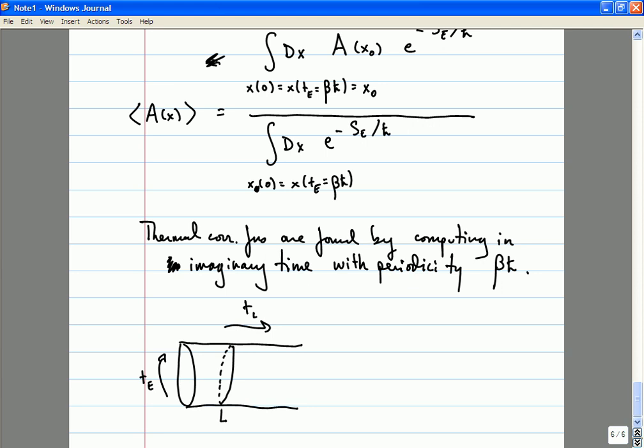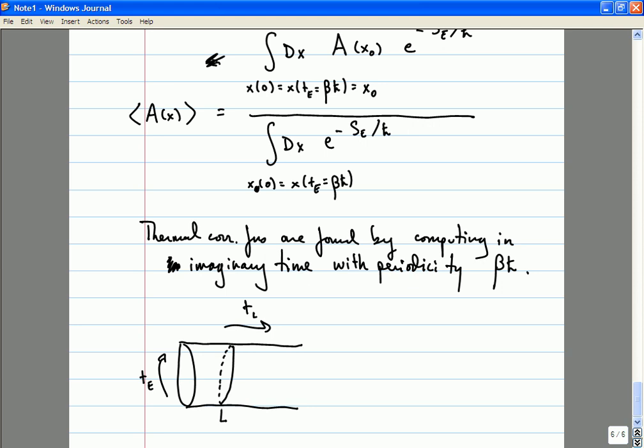This might seem like a bunch of formal nonsense, but in fact, this is really the way that we, in practice, do computations for finite temperature systems. Because in practice, if you have some very complicated system, determining the Hamiltonian and exponentiating it to get e to the minus beta H is a very difficult thing to do. But what we have seen here is that we can calculate in an approximation scheme very easily by thinking about this as a Euclidean path integral.